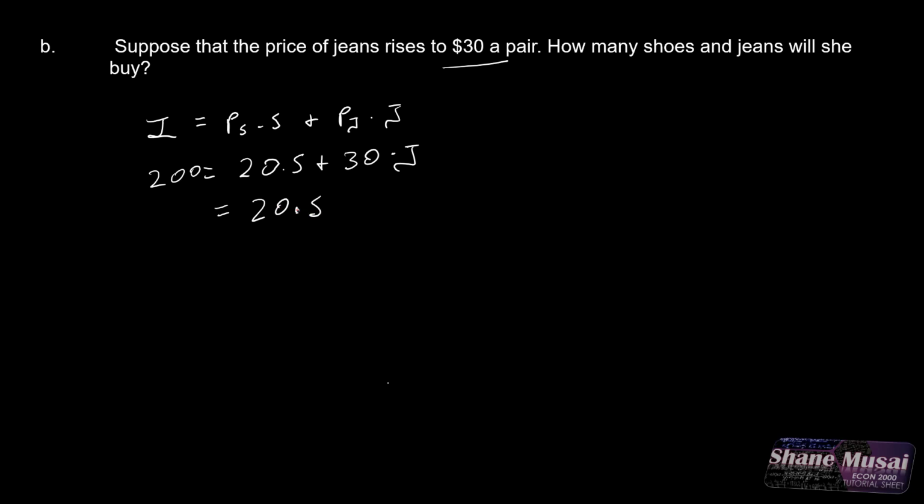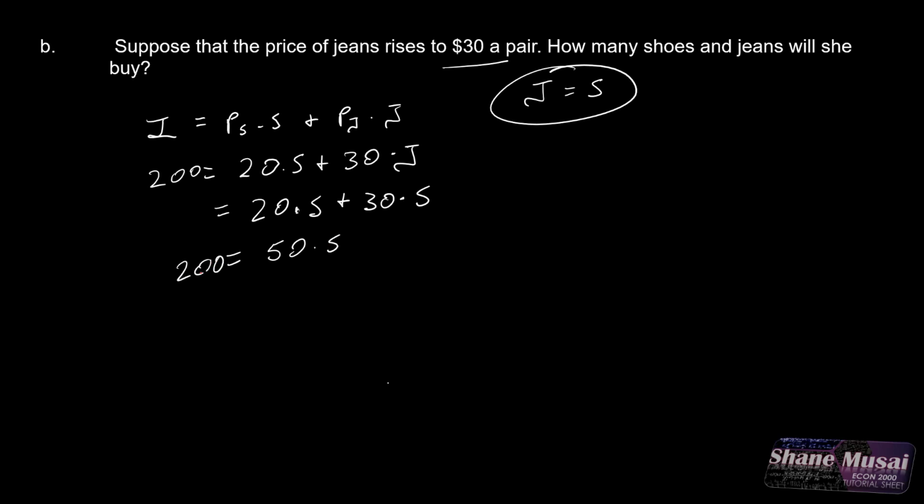So 20 times S plus 30 times S, because we know that she buys jeans and shoes in the same proportion. 50S is equal to 200. Therefore, S is equal to 200 divided by 50, which is equal to 4. Therefore, she would buy 4 pairs of shoes and 4 jeans.